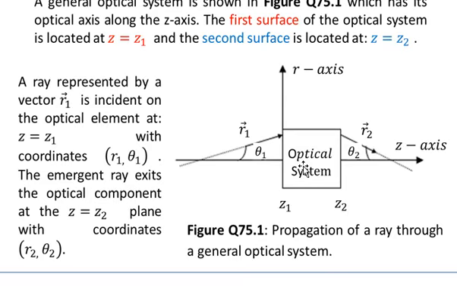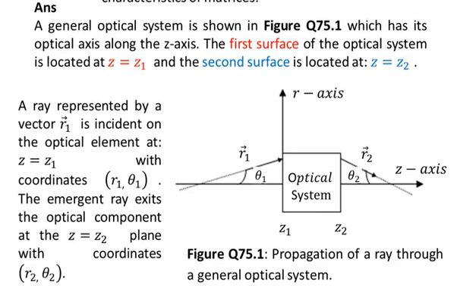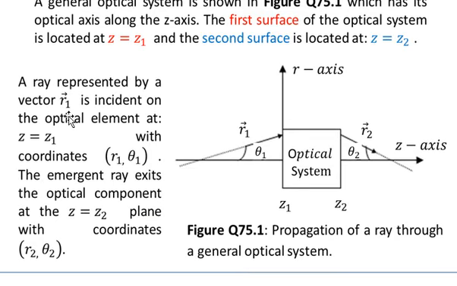The optical system may consist of a single element or may consist of multiple element systems. A ray represented by a vector R1 is incident on the optical element at z equal to z1 with the coordinates R1 and theta1, where R1 is the magnitude of the vector R1 and has its value at the plane z equal to z1.